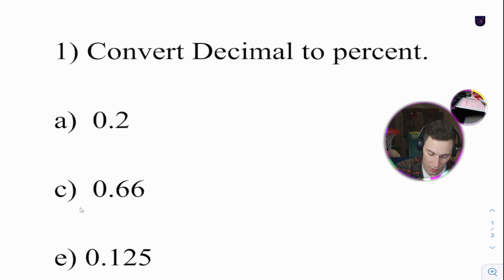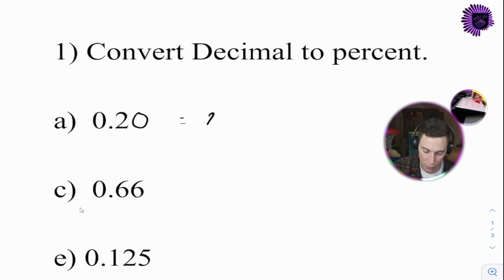So 0.2 is 2/10 or 20 hundredths. 20 out of 100 is equal to 20%.